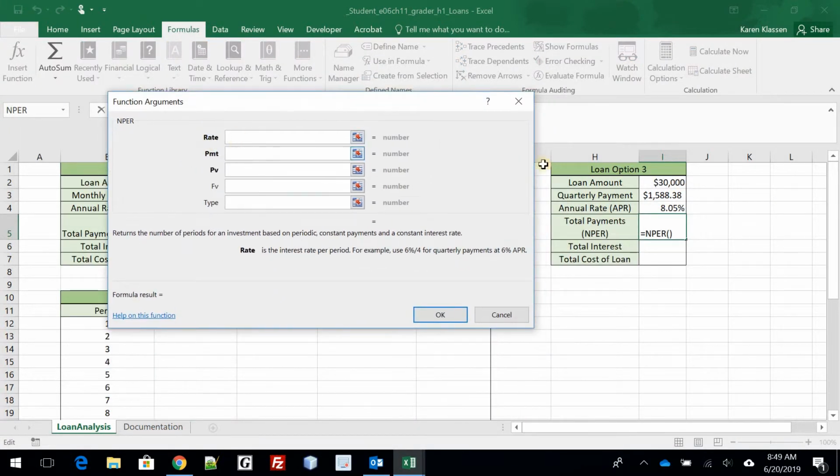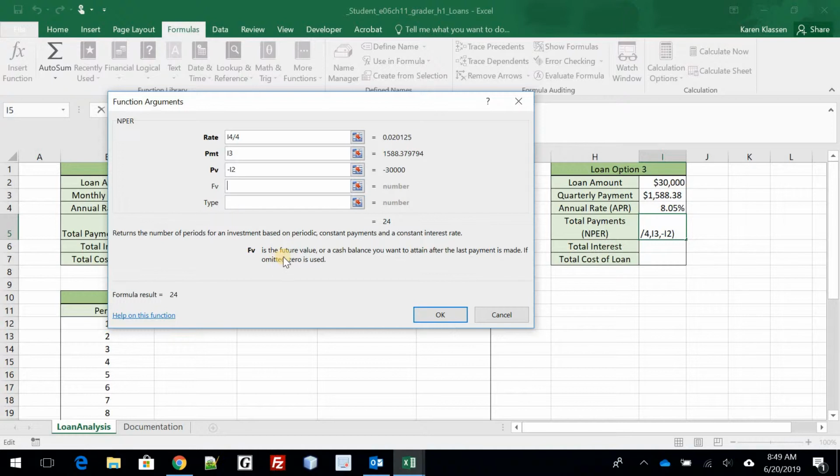Okay, so my rate is this, but I'm doing quarterly payments this time. So I'm going to divide by 4, and my payment is $1,500, and my present value is negative $30,000. Okay, and we don't need any of this either.